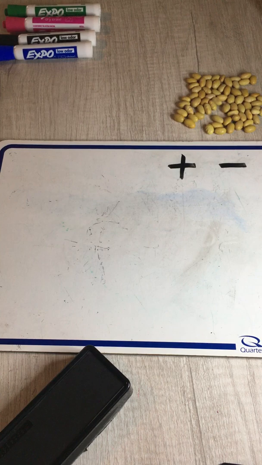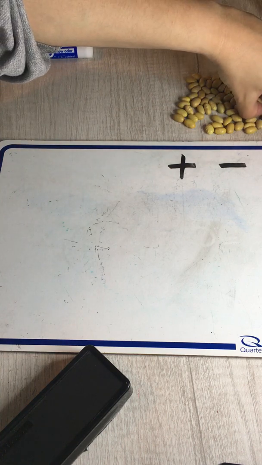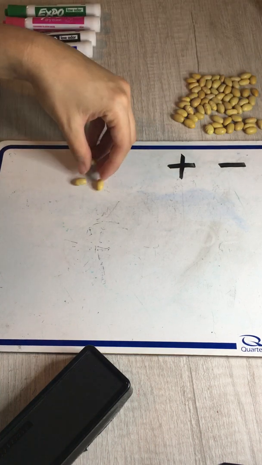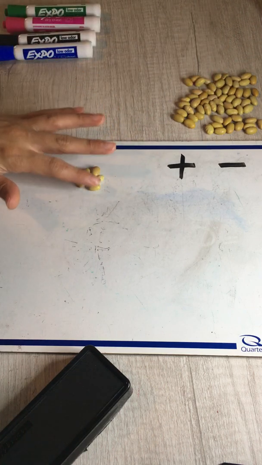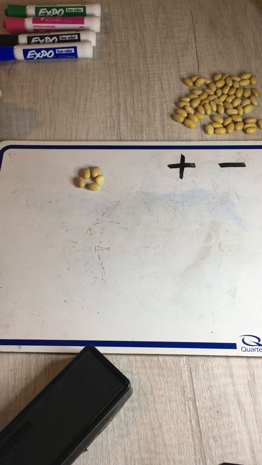Get your beans ready. I'm going to pick a student to be the next character in the story. Let's pick Nia. So Nia has 5 beans. So go ahead and grab 5 beans and put them in front of you. Okay. And then Nia is so nice.